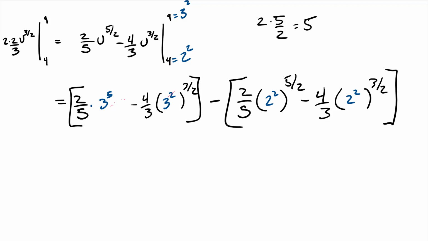The same thing's going to happen here where the 2's go away, and you're going to have 3 to the 3rd. So I'm going to cheat again, call that 3 to the 3rd. Next, this is going to continue to happen. The 2's are just going to cancel, leaving you with 2 to the 5th. So that's times 2 to the 5th. And lastly, these 2's are going to go in. You're going to be left with 2 cubed.